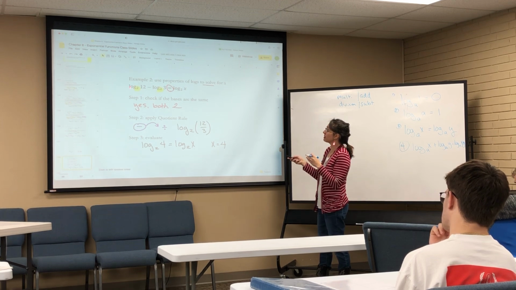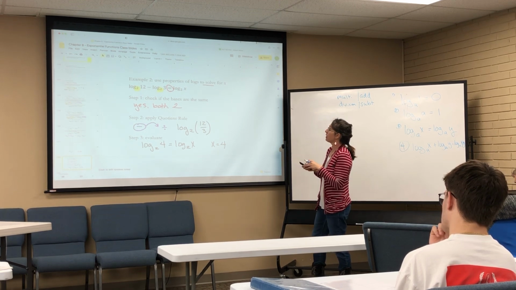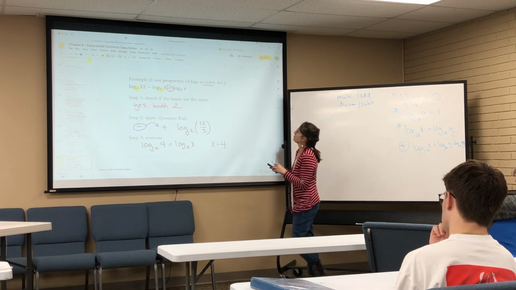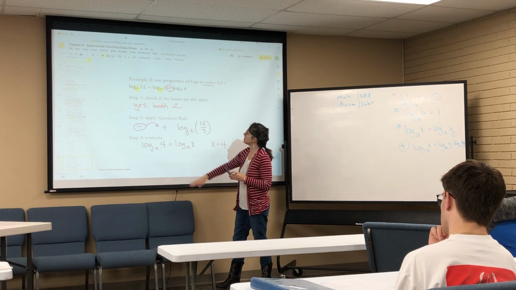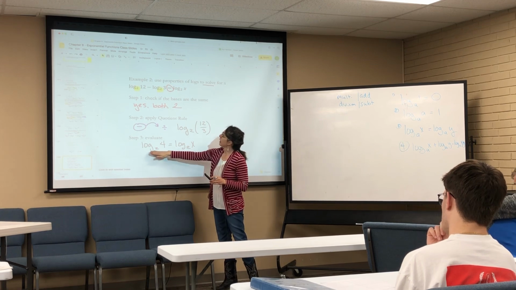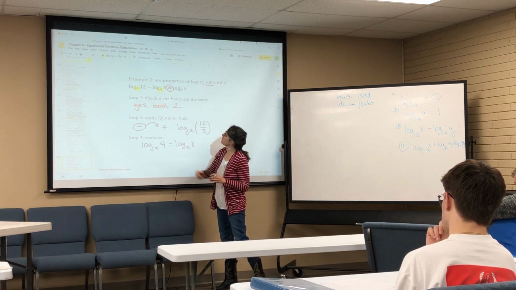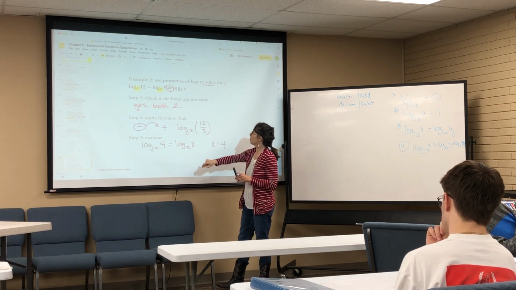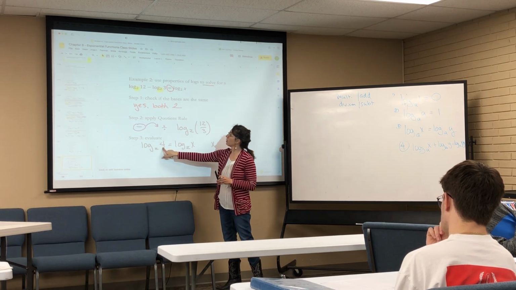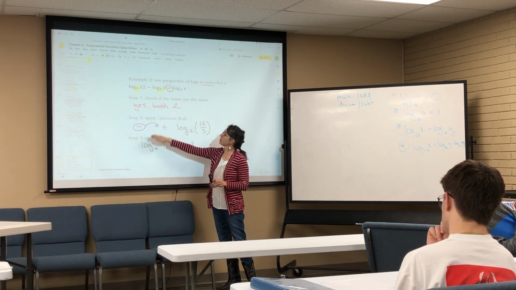Are the bases the same? Yes, they are the same. Okay? So I'm going to combine my bases and get 12 divided by 3, which equals 4.